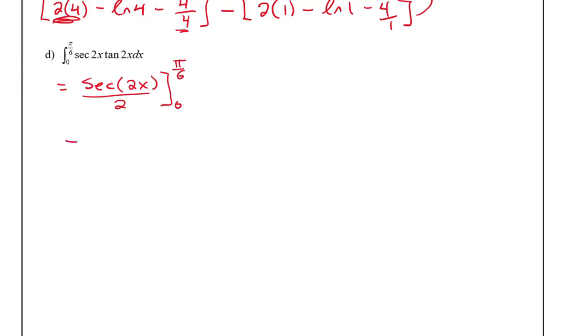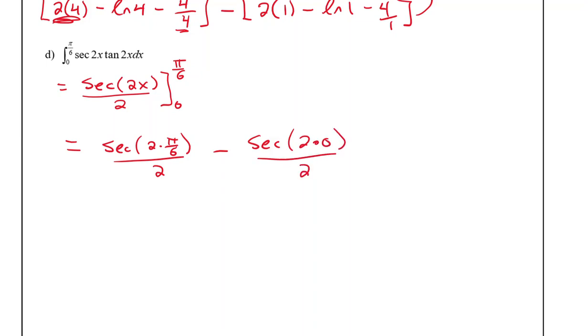So that's equal to, pi over 6 will go in first, so it's secant of 2 times pi over 6, over 2, and then minus secant of 2 times 0 over 2.